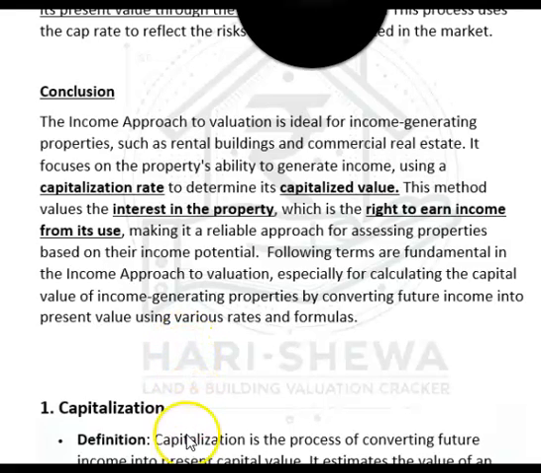Once your fundamentals are clear for the definitions, then we will learn how many types of land, rent and leases, and after that we will start the income approach. The income approach is again divided into 3 methods. We will learn one by one.